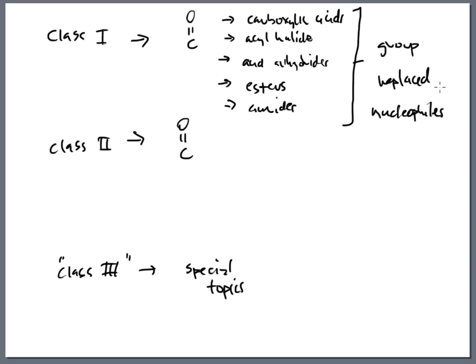Remember, nucleophile is nucleus-loving, which probably is something that carries a negative charge. That's something we've always seen every single time we have talked about a nucleophile. The same kind of thing happens here.